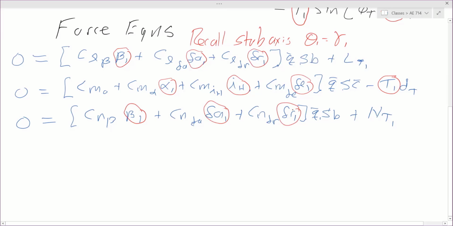And I forgot to circle that inside dynamic pressure is an unknown. That's the total velocity, right? 1/2 rho V squared, because we can fly at different airspeeds. So inside here is the magnitude of the total airspeed.